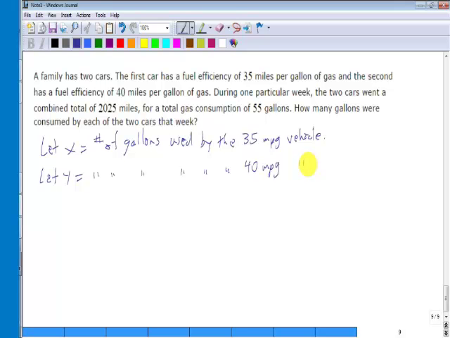What's X plus Y? 55 gallons. What's our other equation? 35x plus 40y.